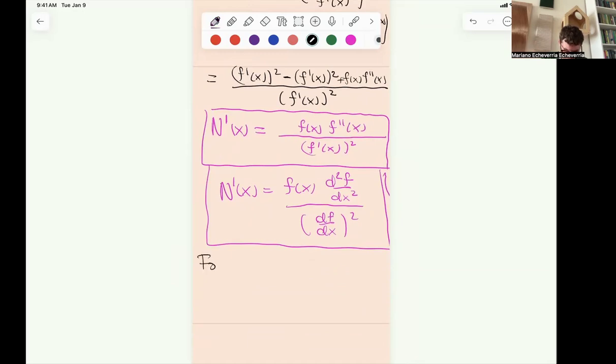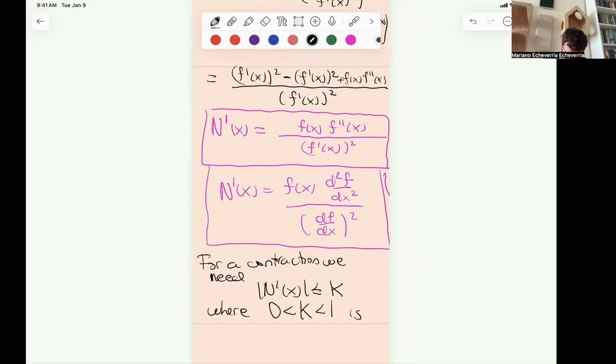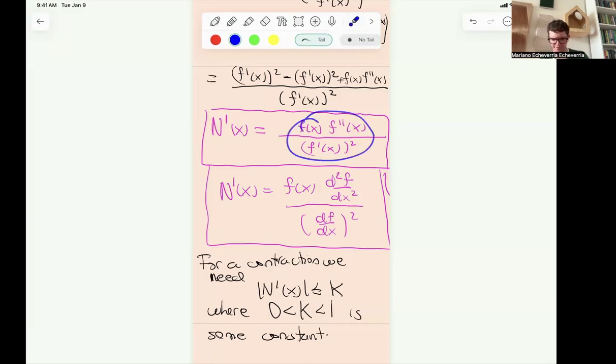It's a bit confusing because this is the formula for the first derivative, and it's not super obvious whether this is less than one or not.